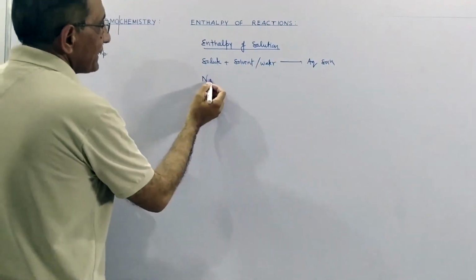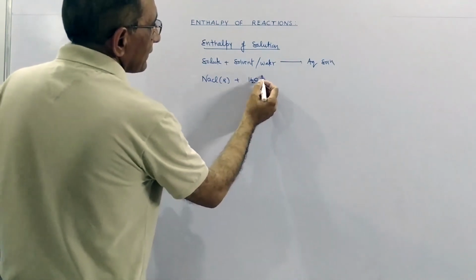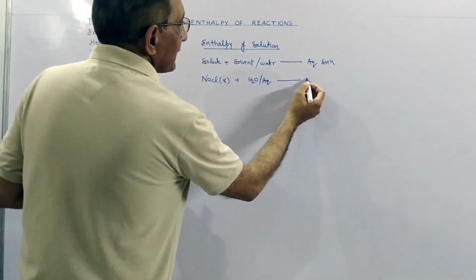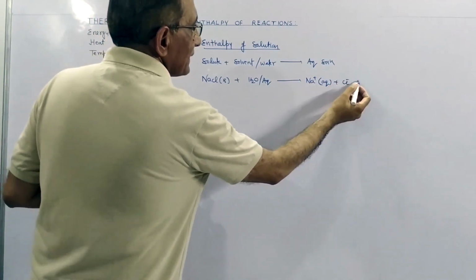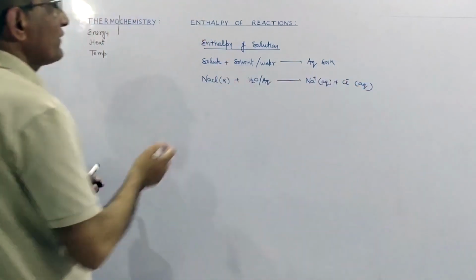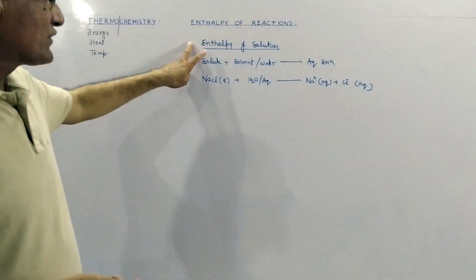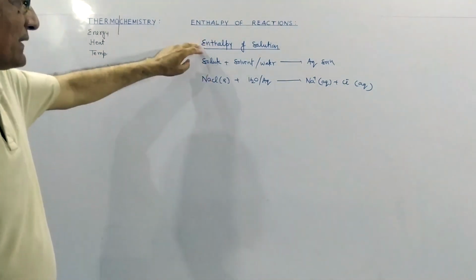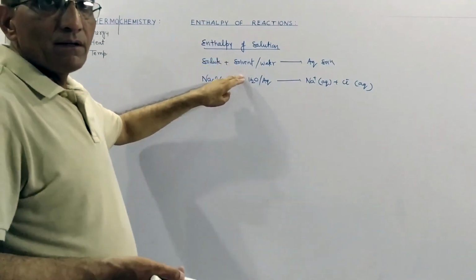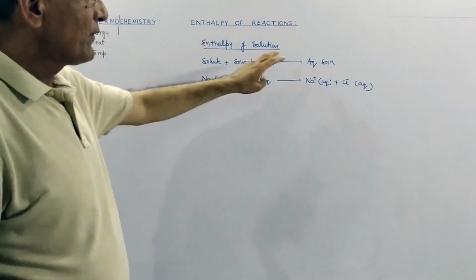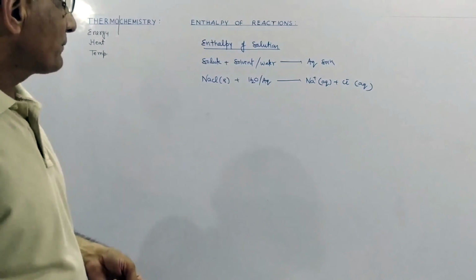For example, if we take NaCl solid dissolved in water, aqueous, then we are getting Na+ aqueous plus Cl- aqueous. Now how can we define it? Enthalpy of solution. It is the enthalpy change. Again you have to say 1 mole. It is the enthalpy change when 1 mole of solute is dissolved in a sufficient quantity of water to form its aqueous solution.